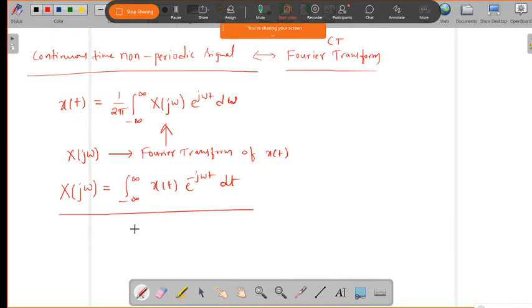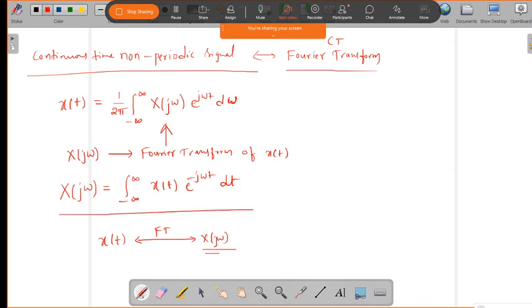Now this x of t and x of j omega form the Fourier transform pair. We can represent it like this: the Fourier transform pair of the non-periodic time domain signal x of t is given by the Fourier transform x of j omega.